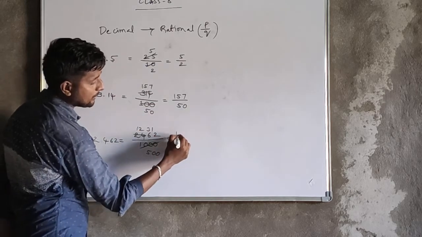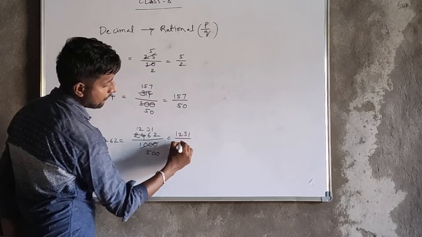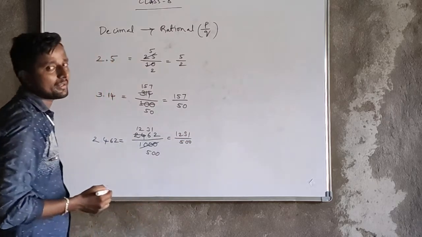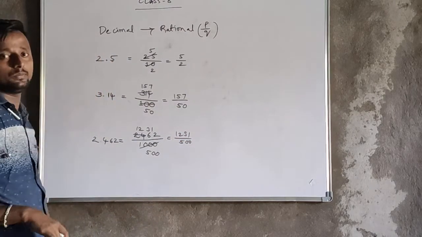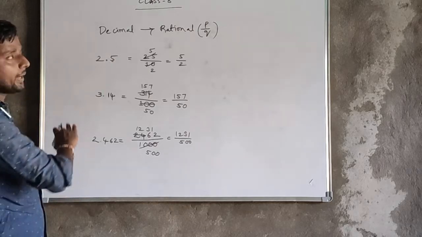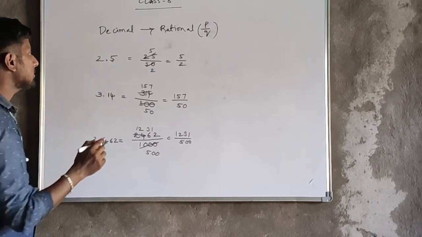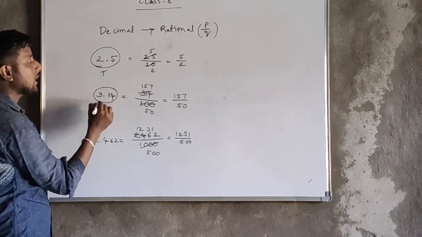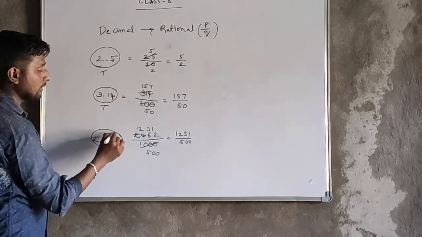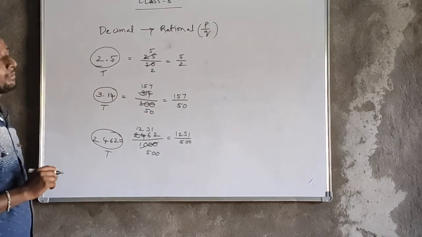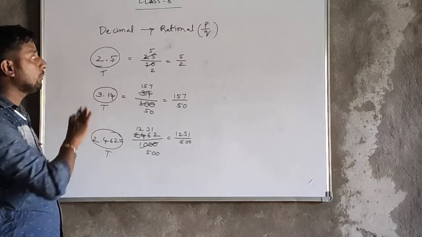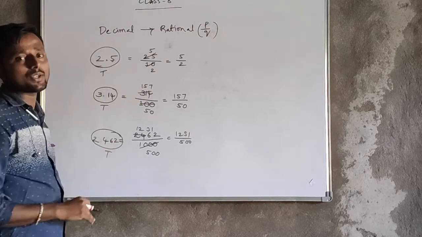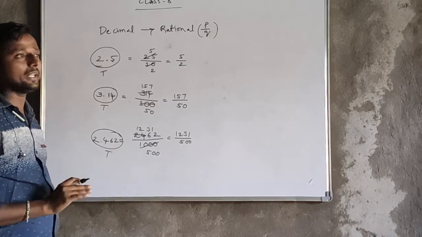Okay, it's not cancelled by anyone. If any cancellation happens, you may try. Okay, it's very fair because it is a terminating decimal. It is also a terminating decimal. It will be very well and fine to make a terminating decimal into rational.